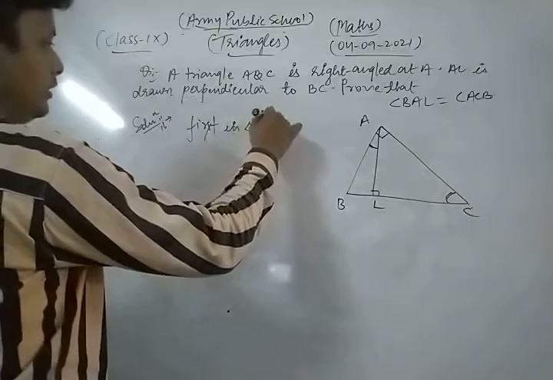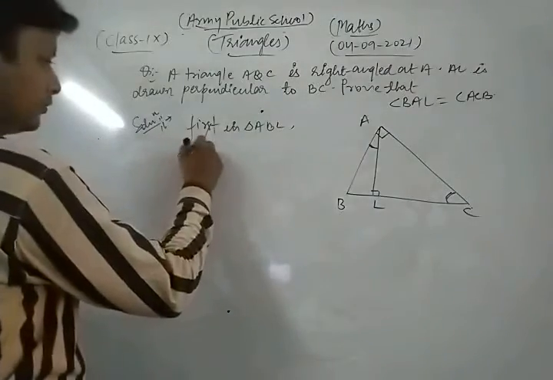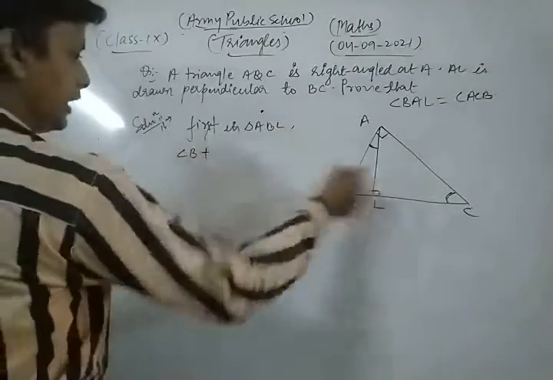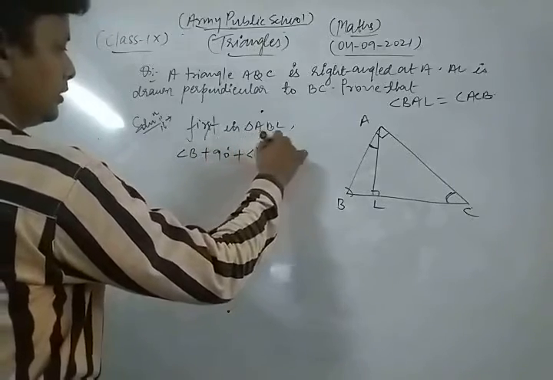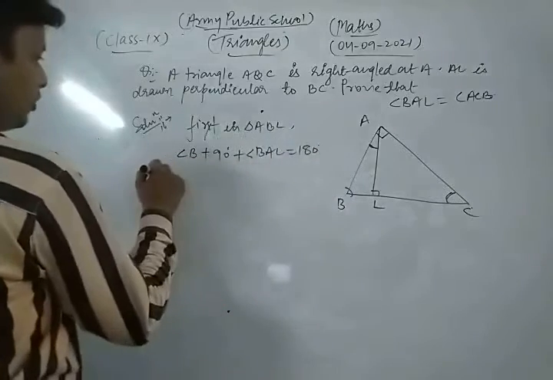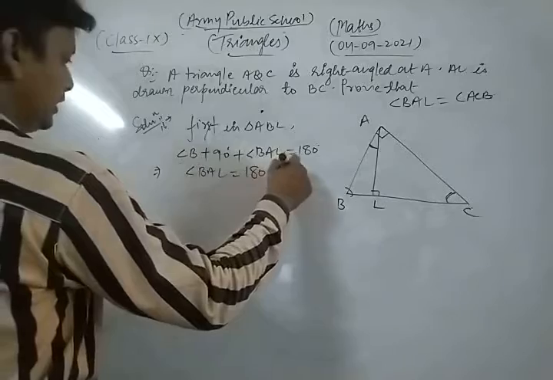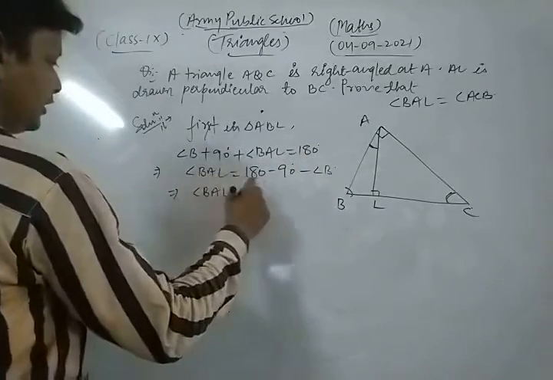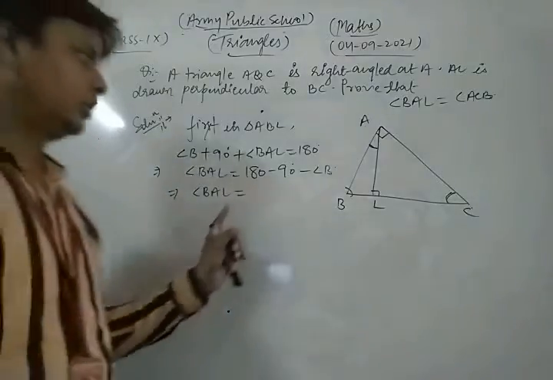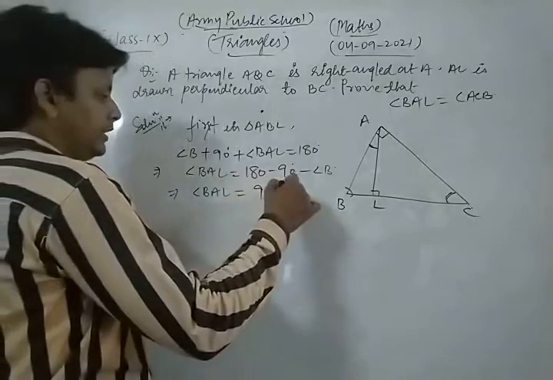In triangle ABL we apply the angle sum property of the triangle. So we get angle B plus 90 plus angle BAL is equal to 180 degree. So angle BAL is equal to 180 minus 90 degree minus angle B, that is, angle BAL is equal to 90 degree minus angle B.